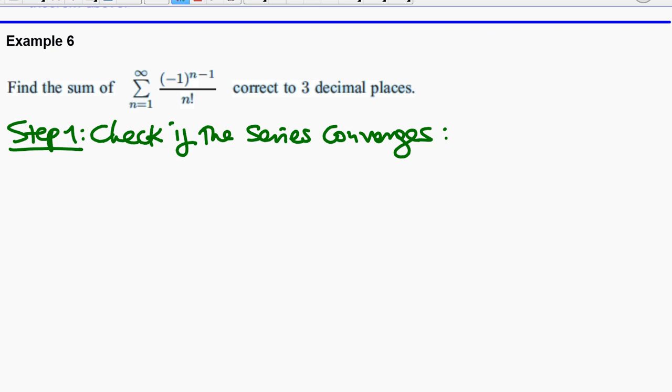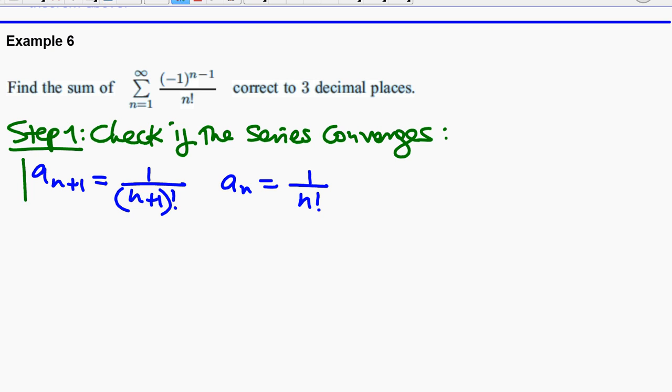Now in our case, S sub n plus 1 is 1 over n plus 1 factorial, and S sub n is 1 over n factorial.